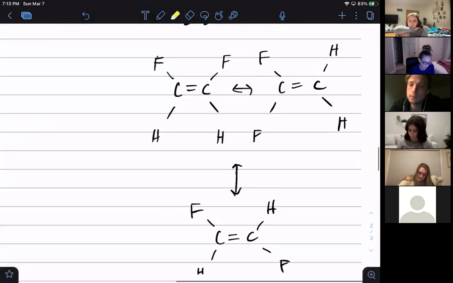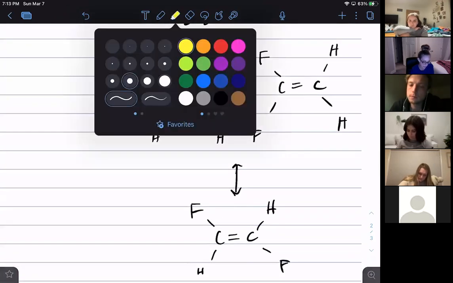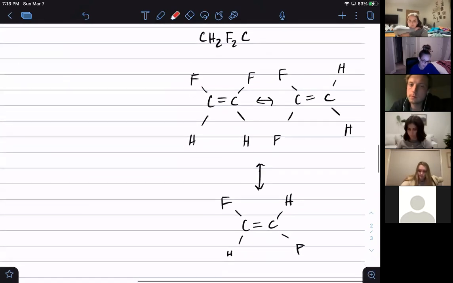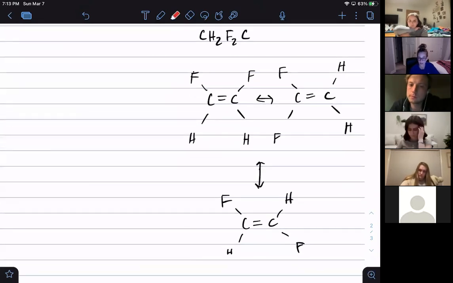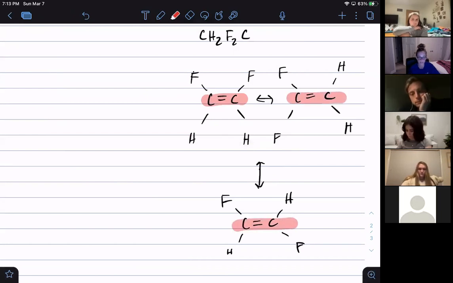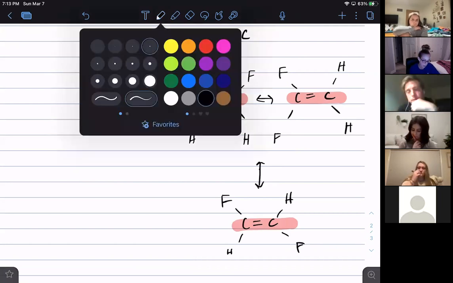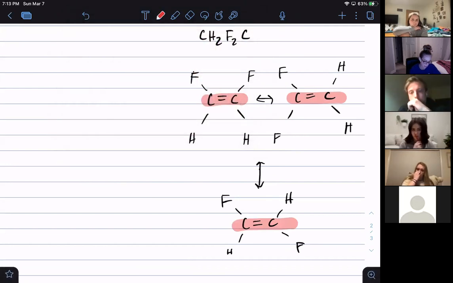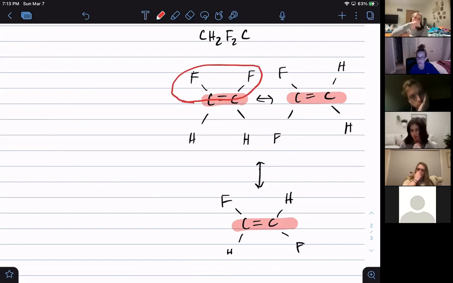The only thing we're looking at for something to be cis or trans or neither is where they lie on the plane. The plane is always measured by this double bond, because double bonds don't move in space. The fact that there's a double bonded carbon here restricts things. So when you're deciding where things lie, if you can draw a circle between one of the double bonds and the two substituents are the same, that's cis.